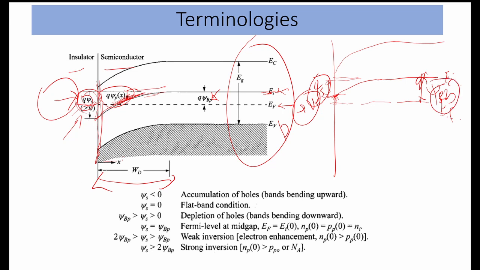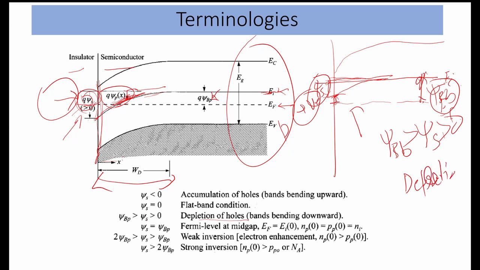If this is above the Fermi level, then it is in the depletion region, which is less than psi bp. Psi bp is the maximum, and psi s is in between psi bp and 0. This is the 0 condition, and if it is in between, then this is the depletion region case.